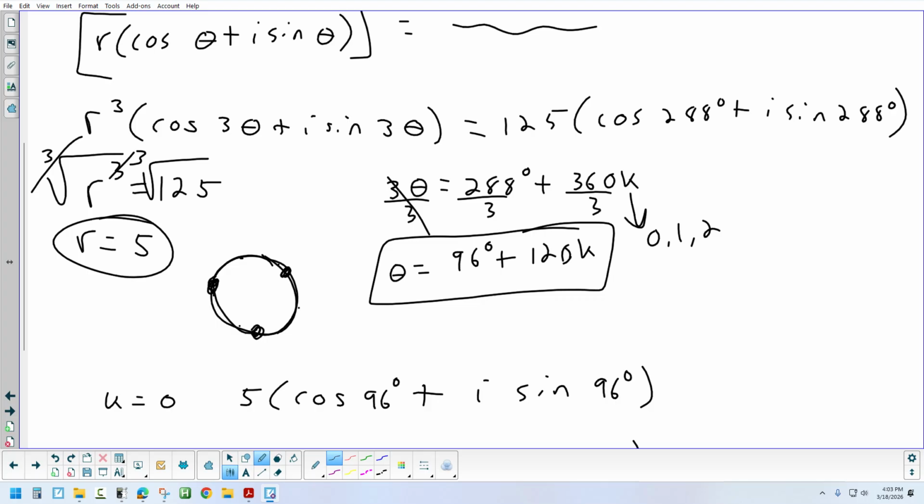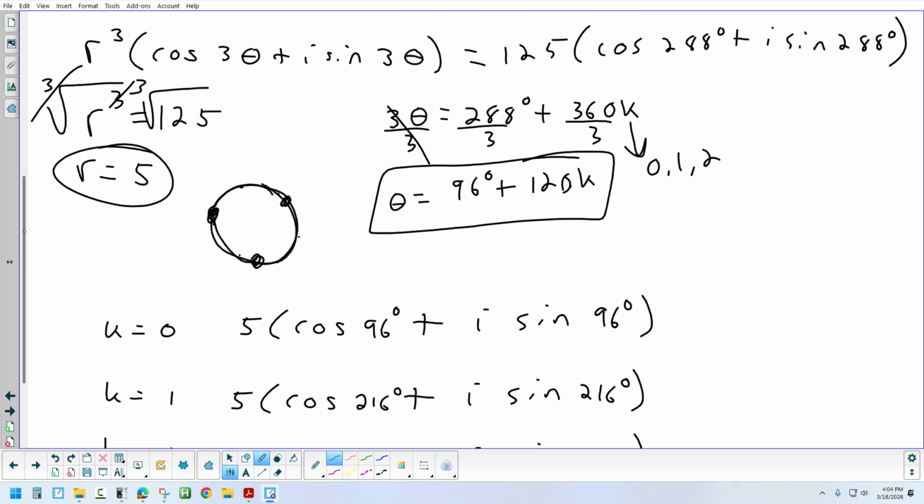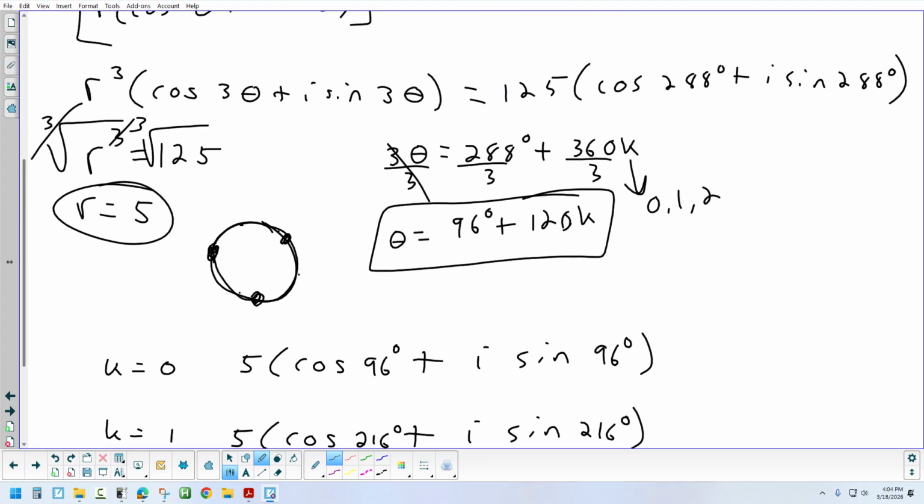Now, if we plug in 1 for k, what's 120 plus 96? 216. That's my second angle. Now, if we plug in 2 for k, what's 240 plus 96? 336.